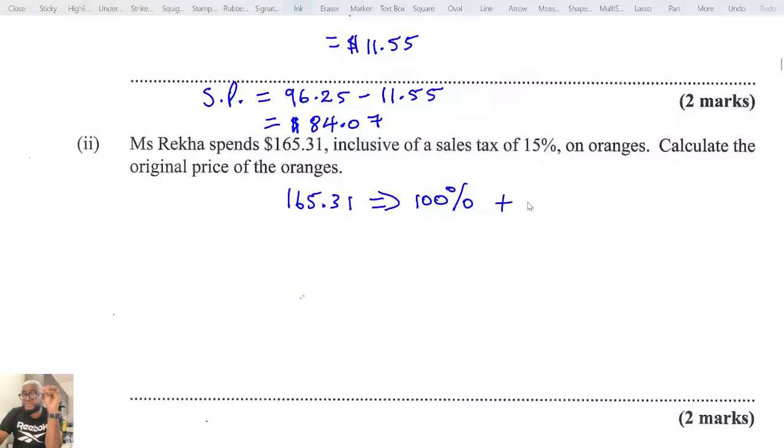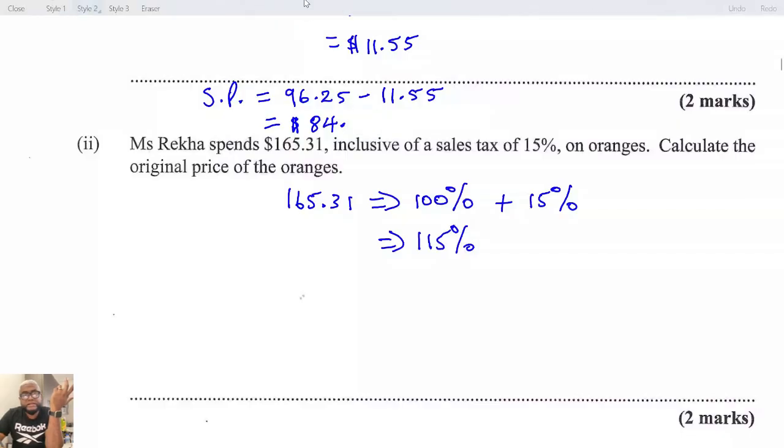How much percent is the sales tax? 15. So this 165 is actually 115%. Wasn't the answer $84.70? So somebody tell me 84.7. Yes, $84.70, thank you.